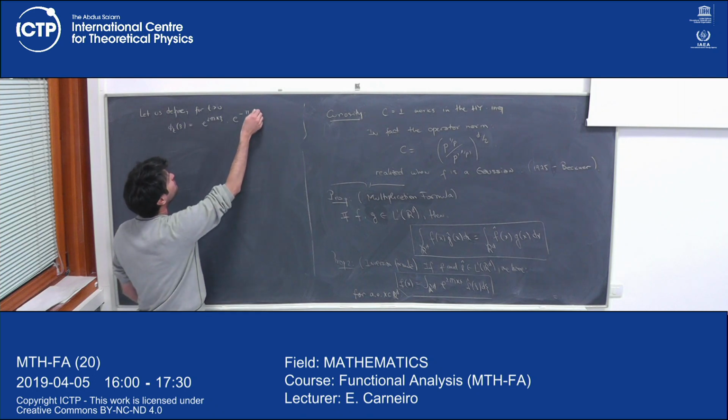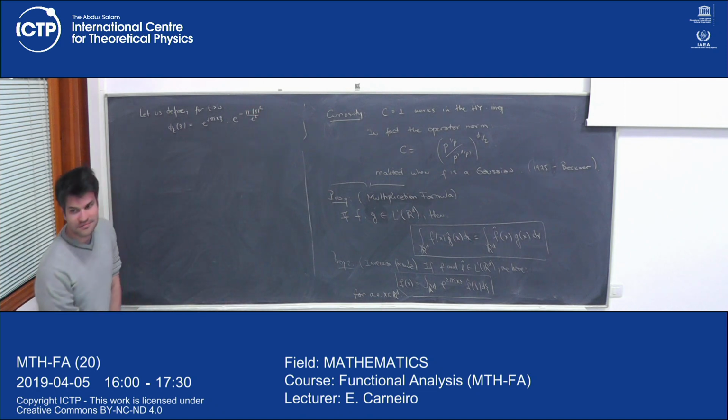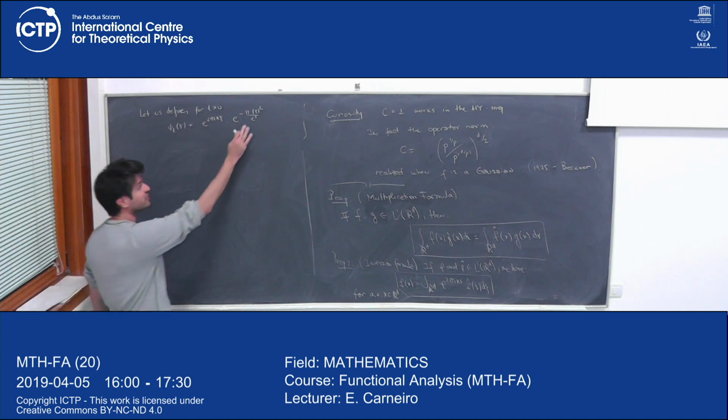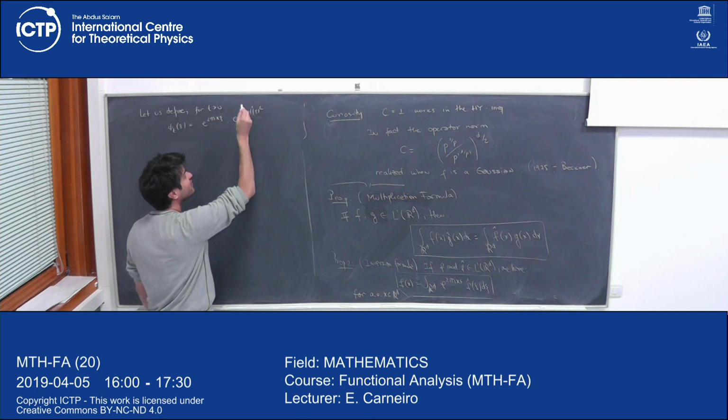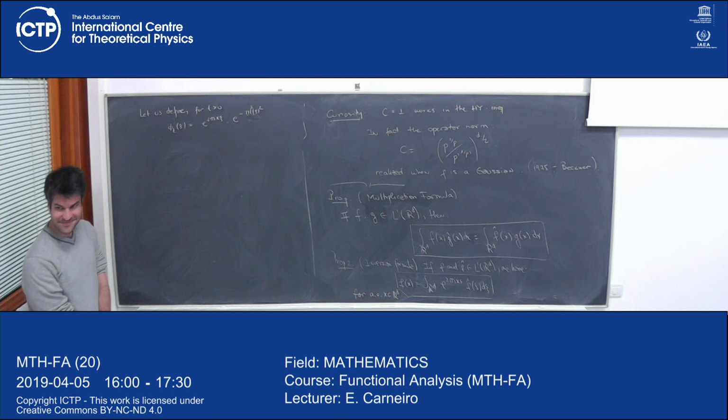Maybe I want this thing, pi xi squared over t squared. Let's try this function. Okay?